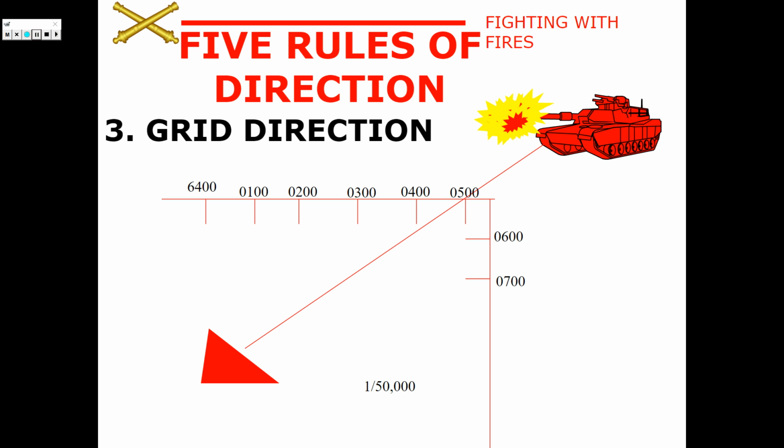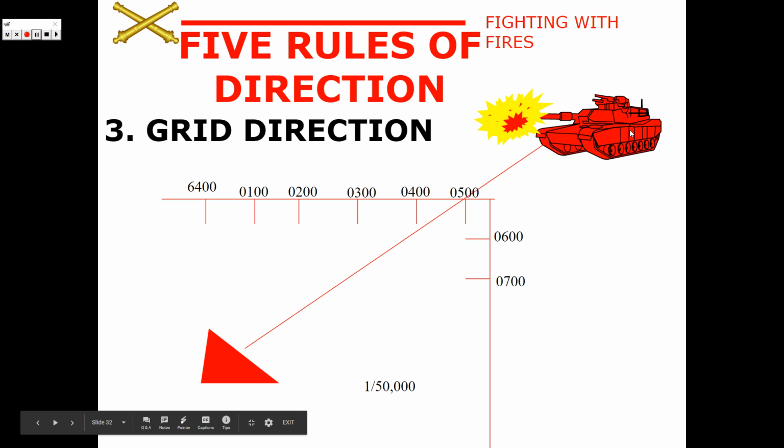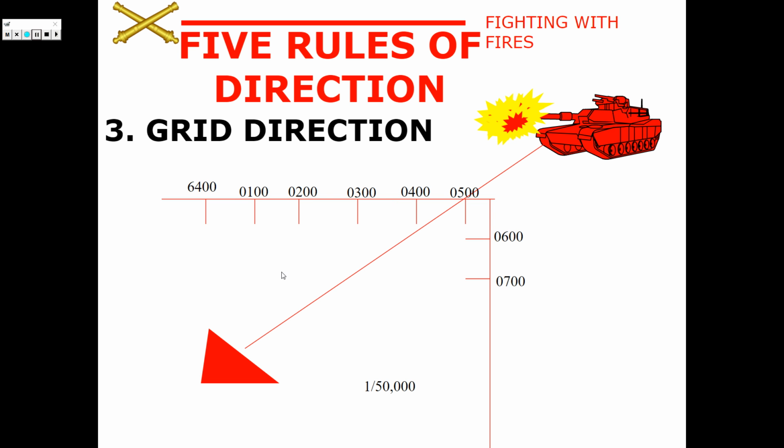You also know where you're at, so you have 2 dots on your map: a dot here at the OP and a dot over here where the target is. You can draw a line between the OP and the target, and then use your protractor, as represented by this 90-degree intersection here, to calculate the direction the same way you would if you were finding the direction on a map for a plot or point you wanted to travel to in land navigation.